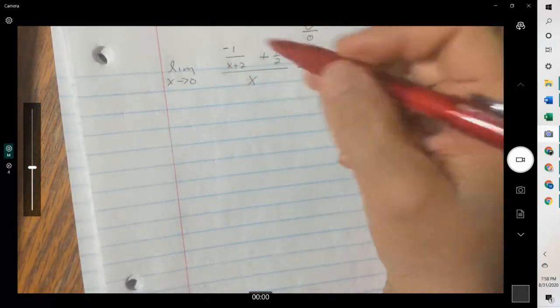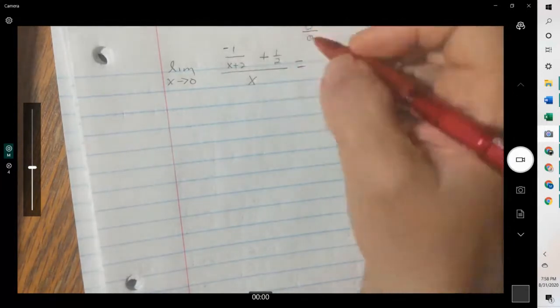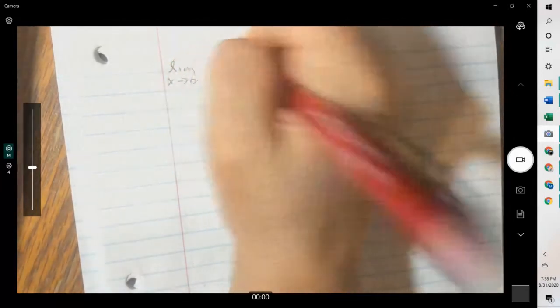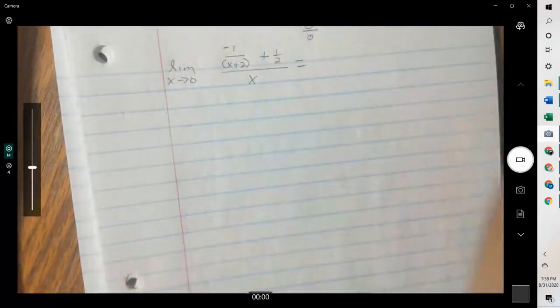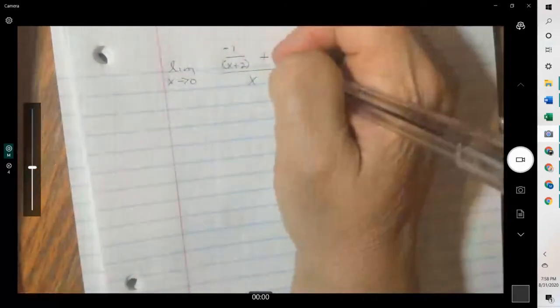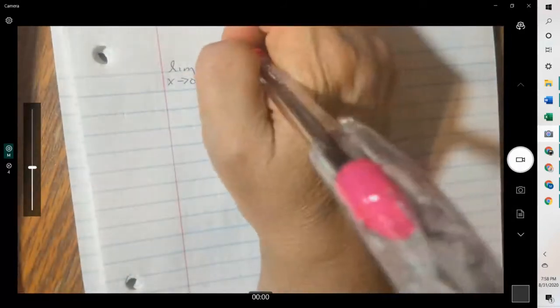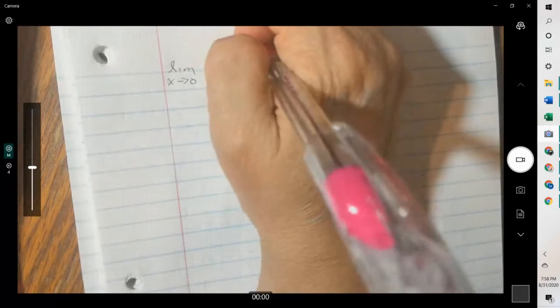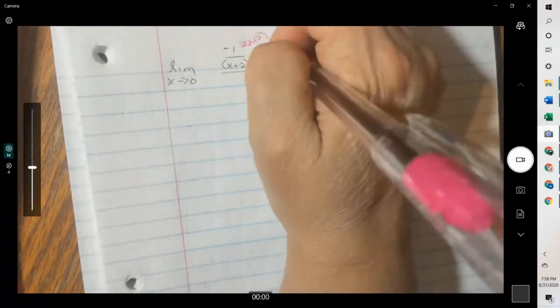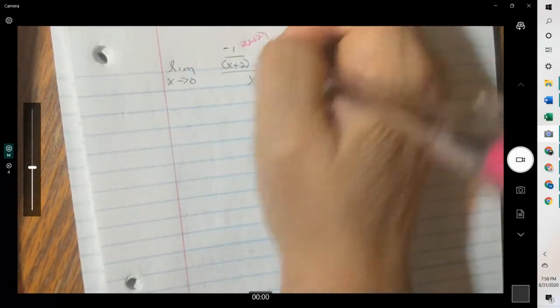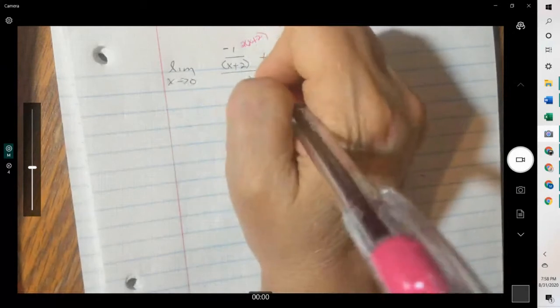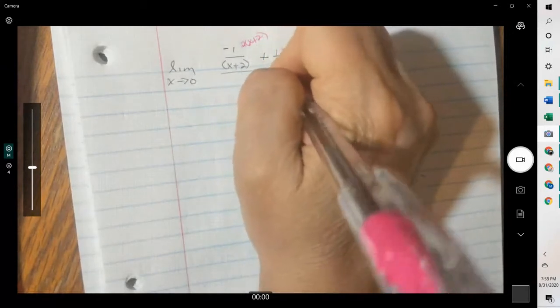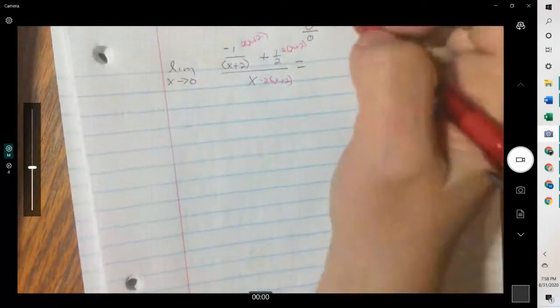Now, when you have a fraction within a fraction, you can multiply by the denominators. We could take each term and multiply by 2 times x plus 2. Don't multiply the denominator out.